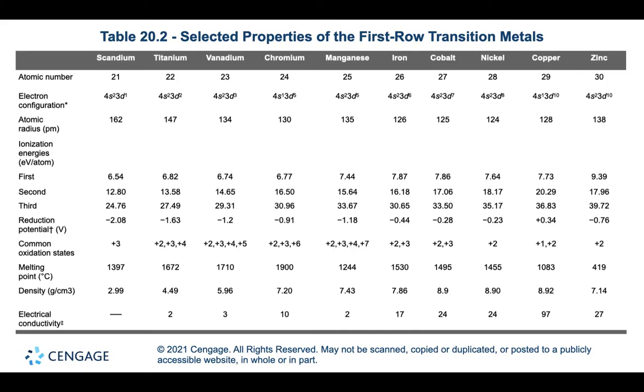But we also see a left to right pattern of typically increasing density. So remember, left to right, the atoms are getting heavier. So the mass, the numerator for density, which is mass over volume, is increasing left to right. But the volume isn't being consistent. The volume is going up and down and up and down.